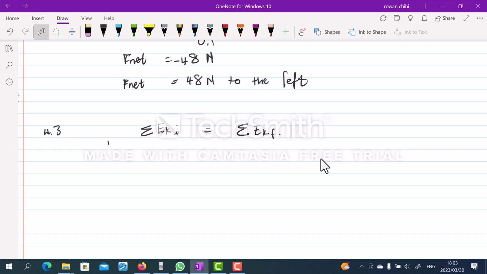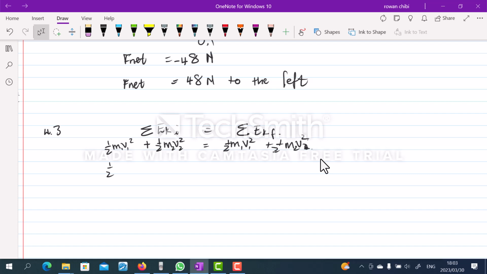So the kinetic energy of trolley A or trolley X, m1 v1 squared, plus the kinetic energy of trolley 2 initial, the trolley 1 final, plus the kinetic energy of trolley 2 or trolley Y final.